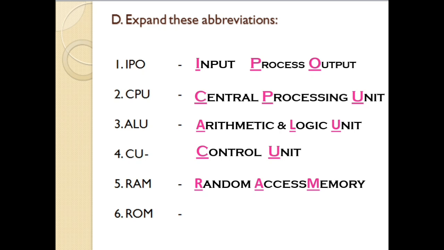R refers to random, A refers to access, M refers to memory. The next one is ROM, read only memory. R refers to read, O refers to only and M refers to memory. Read only memory. Okay, now we go for our next topic, students.